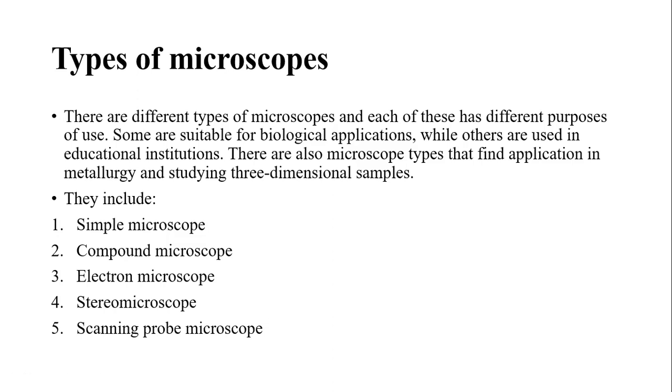There are also microscope types that find application in metallurgy, and in studying 3-dimensional samples. They include simple microscope, compound microscope, electron microscope, stereo microscope, and scanning microscope.